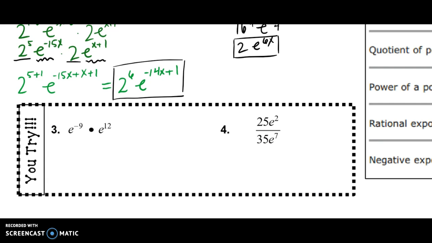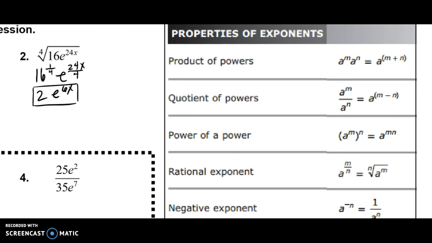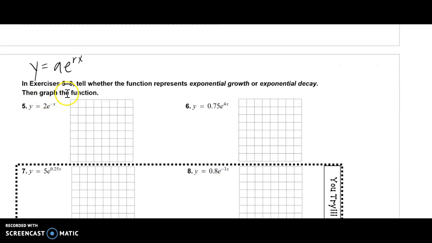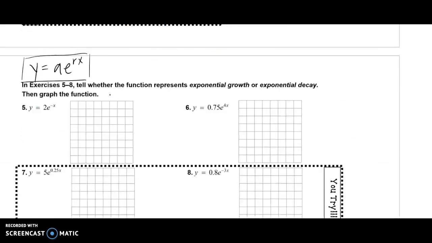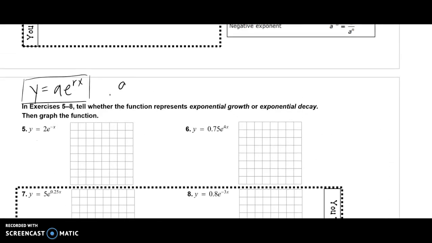Next, I want you to try number 3 and 4 on your own. Remember to use your properties. For 5 through 8, you need to tell whether the function represents exponential growth or exponential decay. Using this formula right here that we got from the top, we can determine that. Remember that a has to be greater than 0.